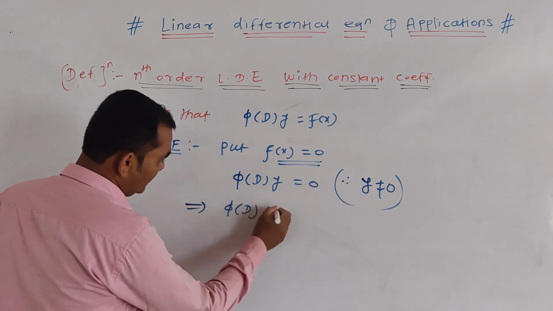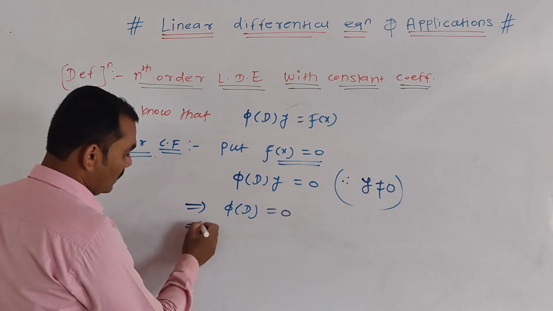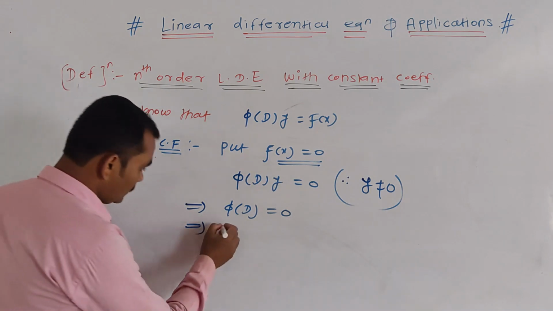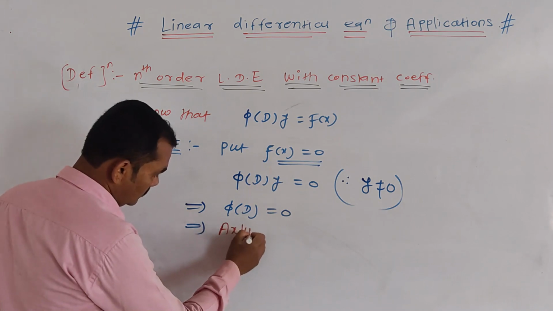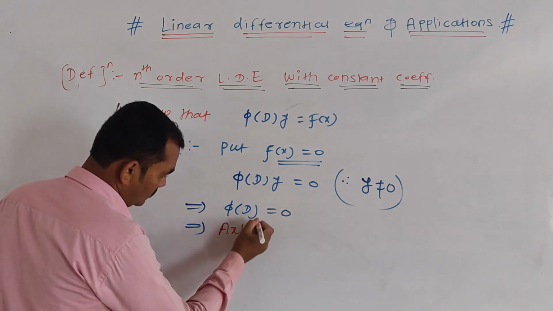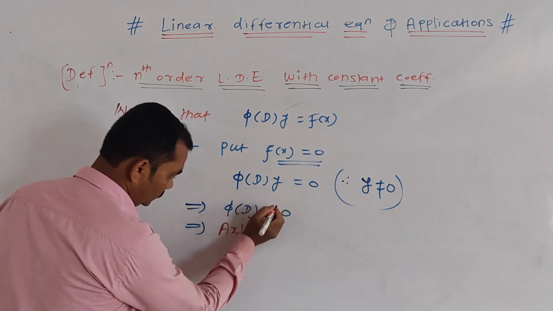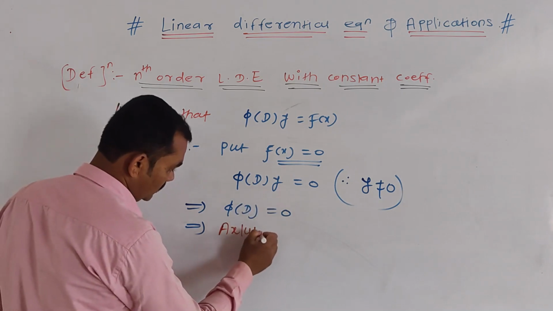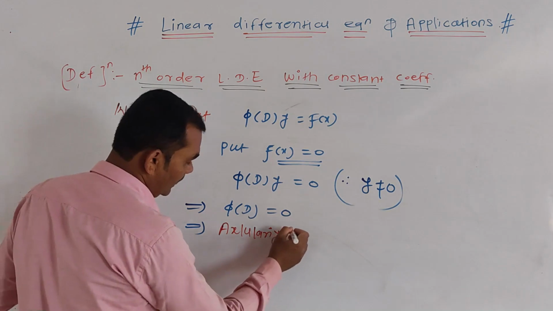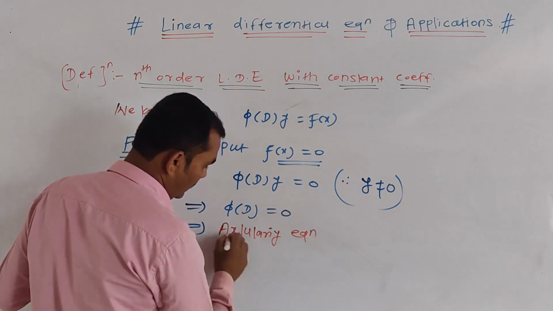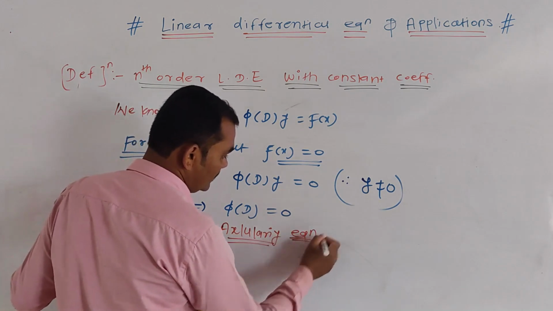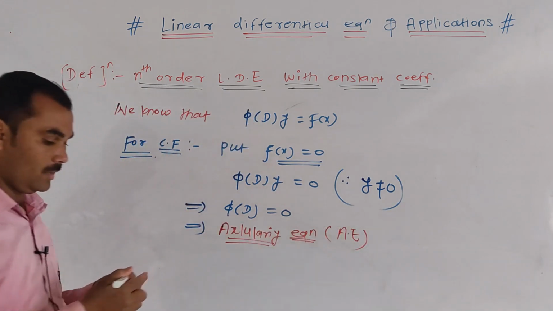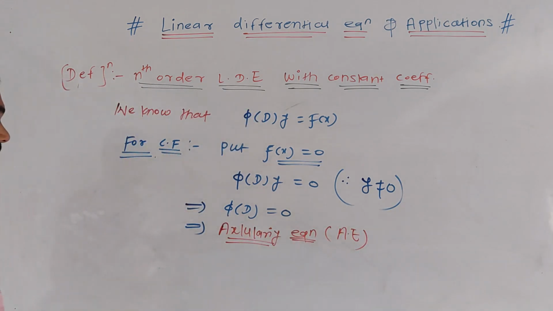Y is not equal to 0 implies phi of D is equal to 0, and this is called the auxiliary equation. Phi of D is equal to 0. This is called the auxiliary equation.